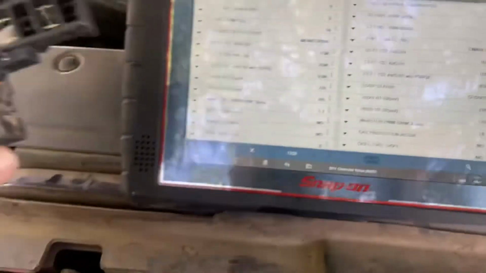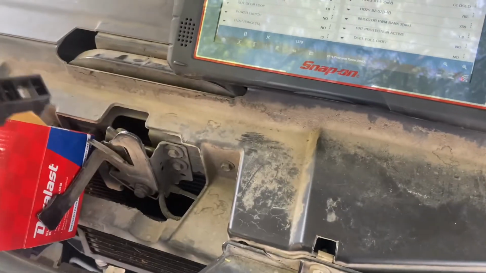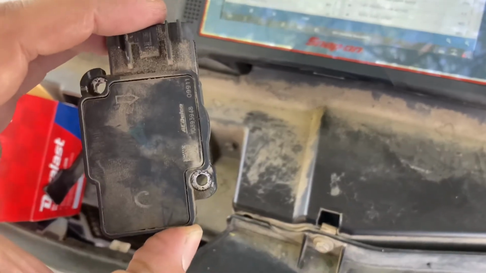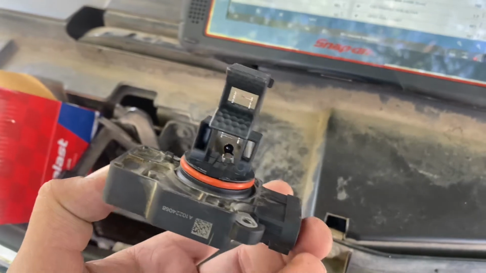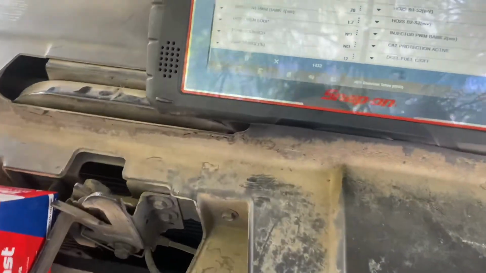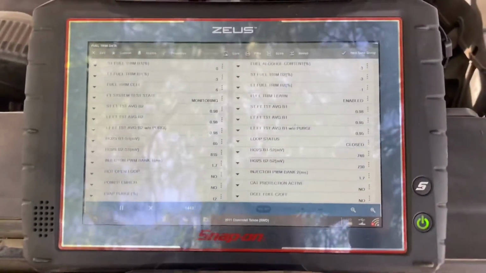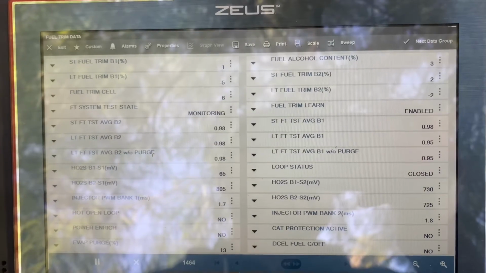Huge difference with a mass airflow sensor. The 2013, I believe, GMC Sierra or Chevy Silverado that I have here in my playlist also had a faulty sensor, but that goes to show you how much it can affect things.